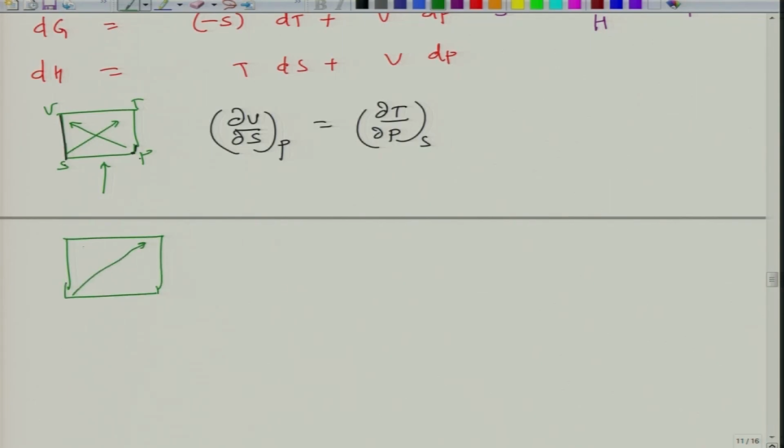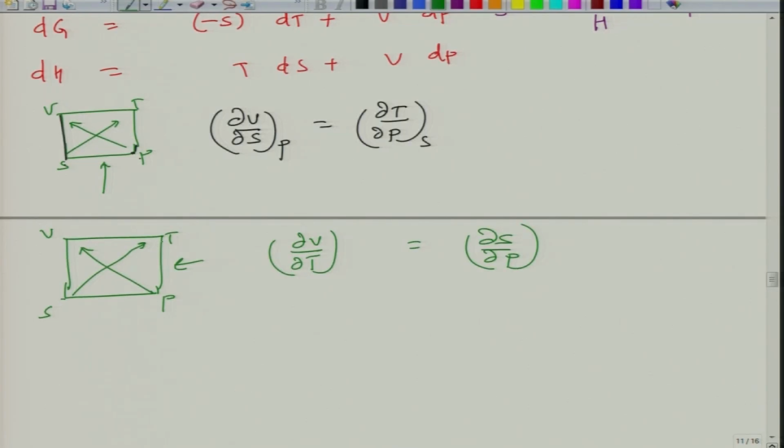So, let me just demonstrate it for the other side. Okay. So, now we are looking from this side, right. This side has two edges, this is the one, and this other one is this. So, it is going to be del V by del T, this must be equal to del S by del P. Okay.